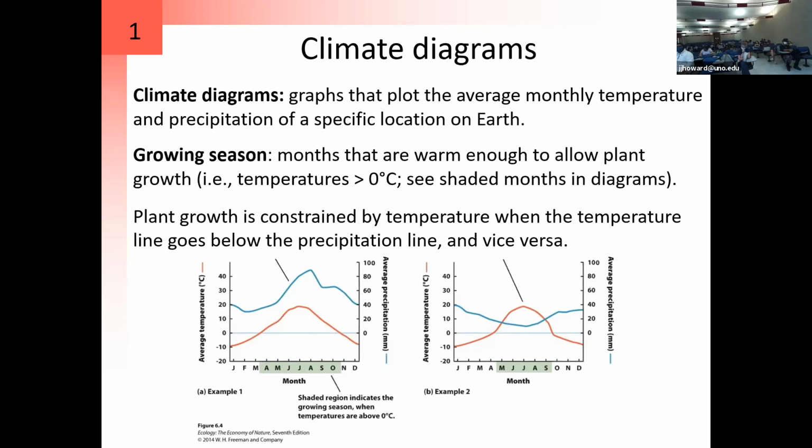So if the blue line for precipitation is above the red line, it means there's water excess and plants can survive. If that blue line dips below the red line, as it does on the bottom right here, you can see that this is drought. Okay, there is not enough water available for plants to photosynthesize, and they may have to shut down.